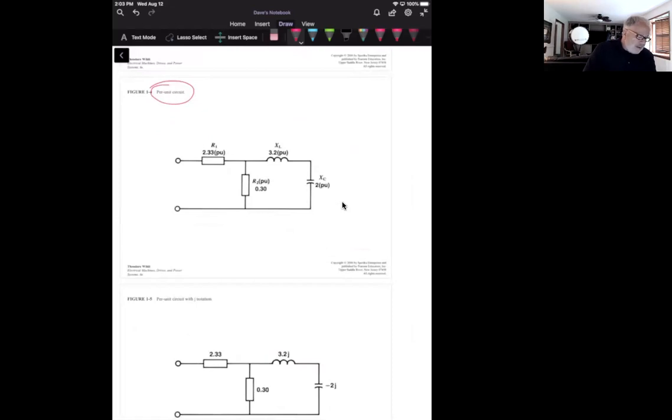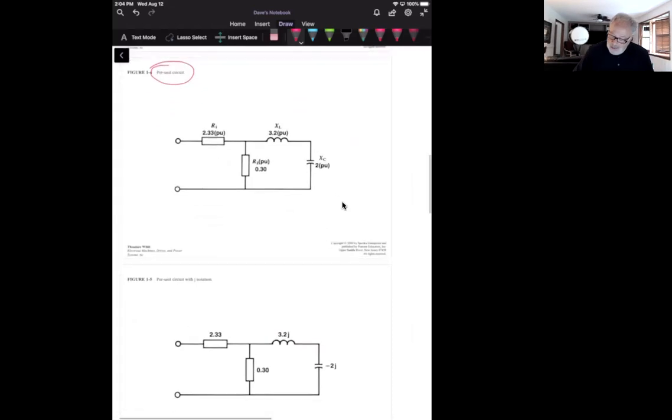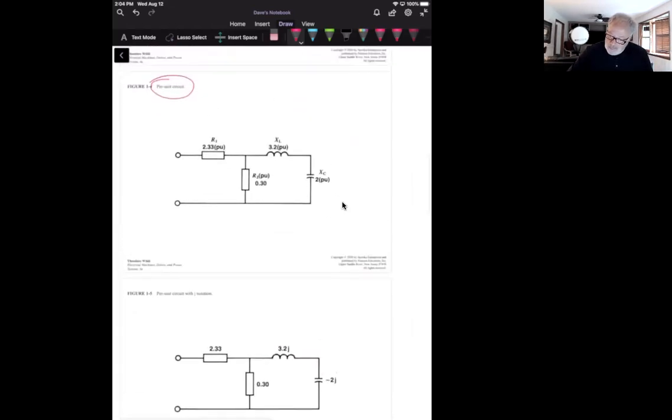We could go about solving this problem just as we would any other circuit. These would be the numbers that we used in that. And we would recognize, of course, that since this is an inductor, that would be a positive J number, and this is a negative J number. This is just the real values with this.